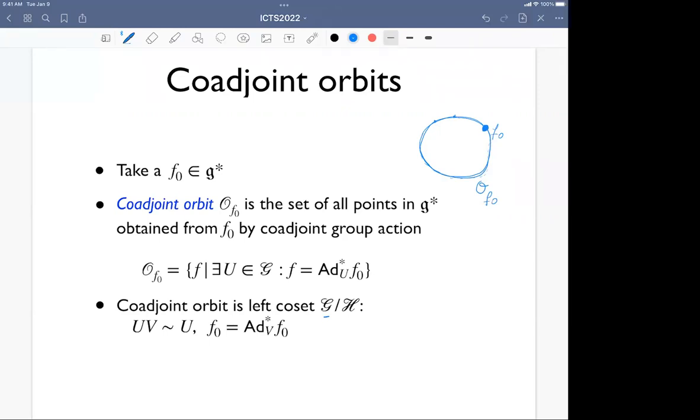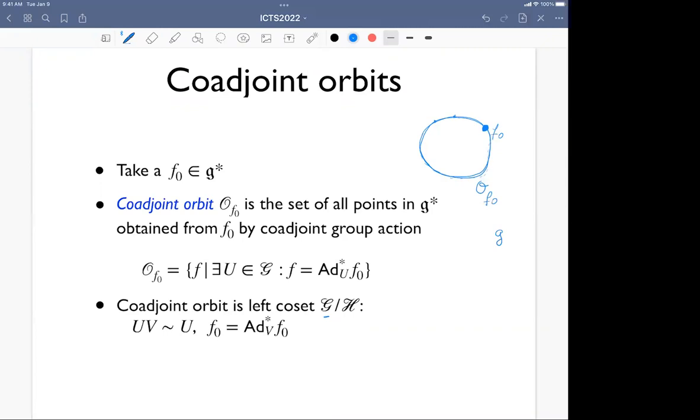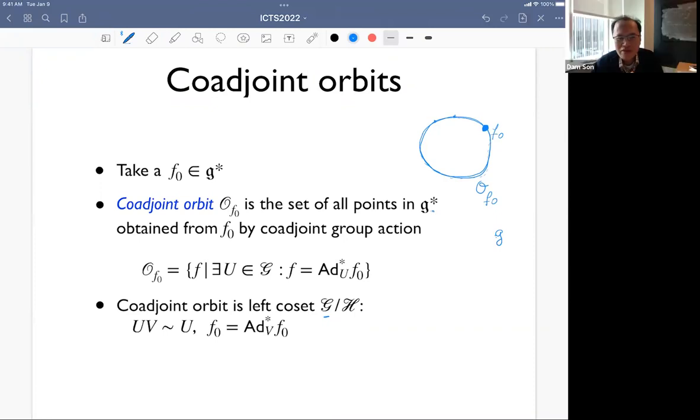Okay, G star is the algebra, right? I mean, F0 is an element. Not an algebra. G is an algebra. So G star is the dual space, that is the space for which any pair of an element of G star and an element of G can take a scalar product.